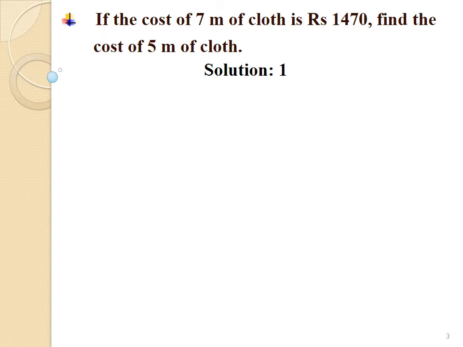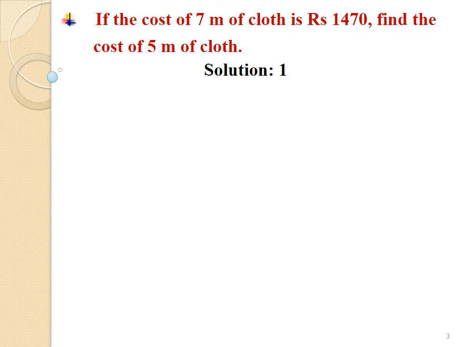Exercise 12.3. Sum number 1. If the cost of 7 meters of cloth is rupees 1470, find the cost of 5 meters of cloth.